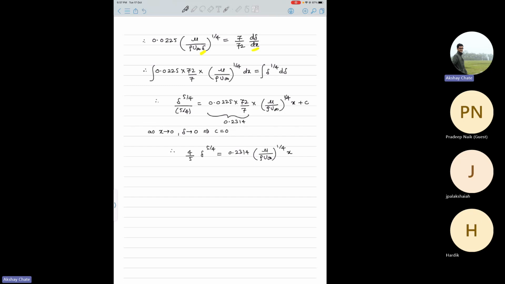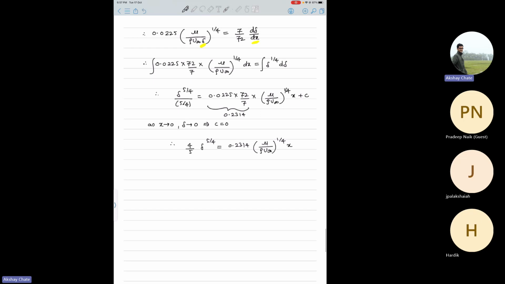Now what you do, basically we have to convert this term into some form of Reynolds number.